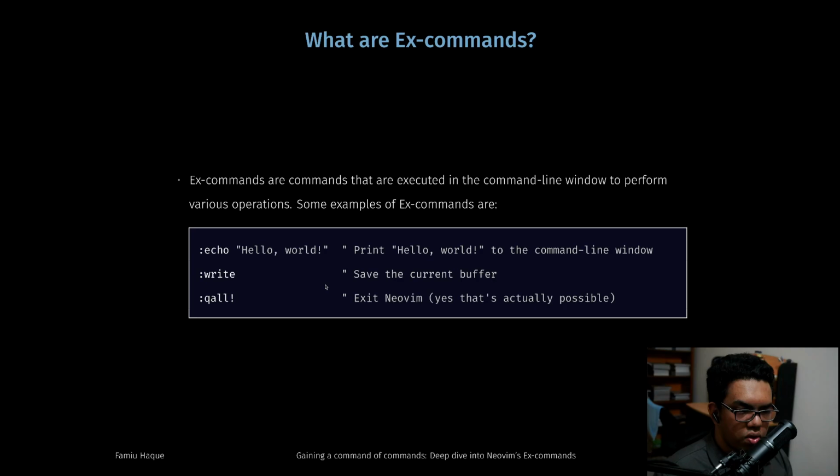If you do :qall!, it exits Neovim, which I didn't even know was possible. So if you ever want to exit, or you could nuke your PC from orbit, that works too. I actually prefer that.